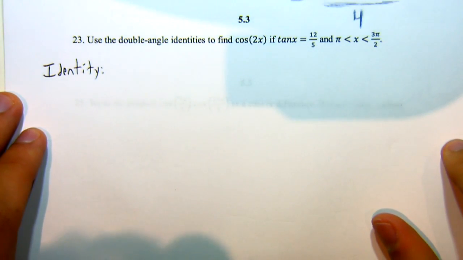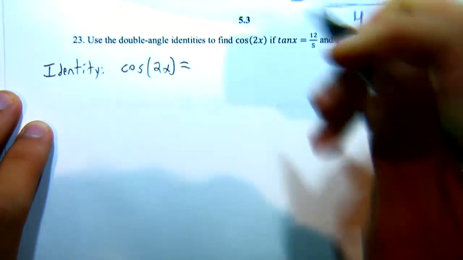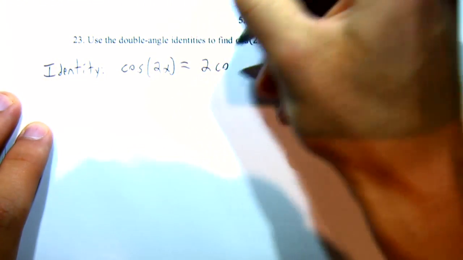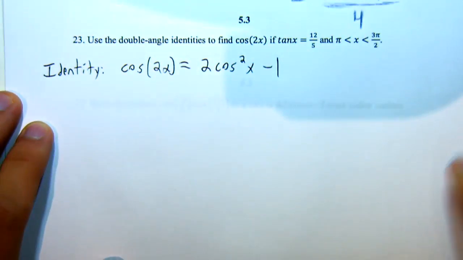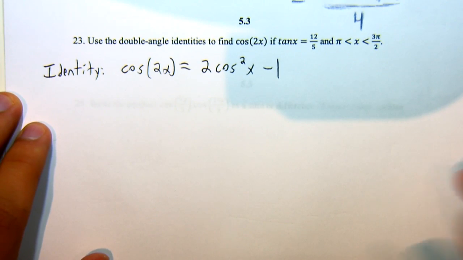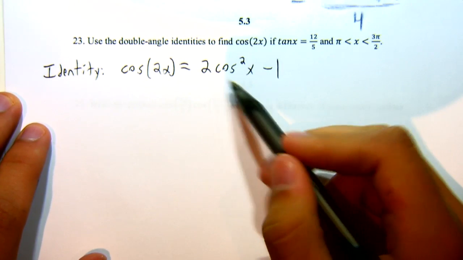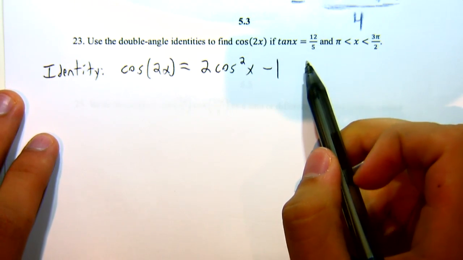We have a double angle identity, so cosine 2x is equal to 2 cosine squared x minus 1. This identity involves cosine x, so we need to find cosine x using tangent x equals 12 over 5.